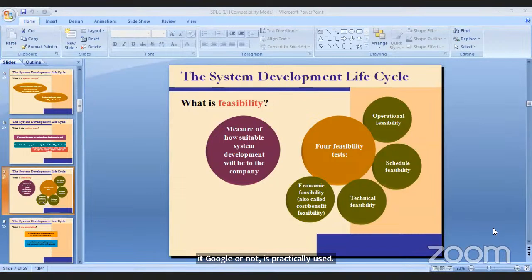Here, the client side feasibility will be checked. You develop, for example, a software. Operational feasibility will check whether it's practically possible to use at the customer side or not.